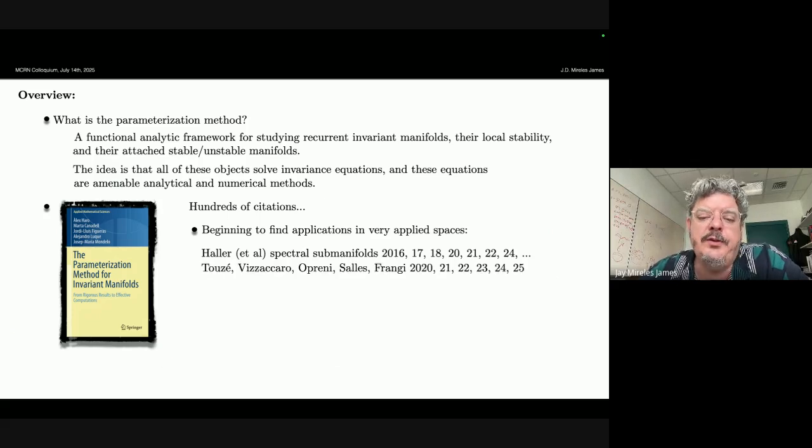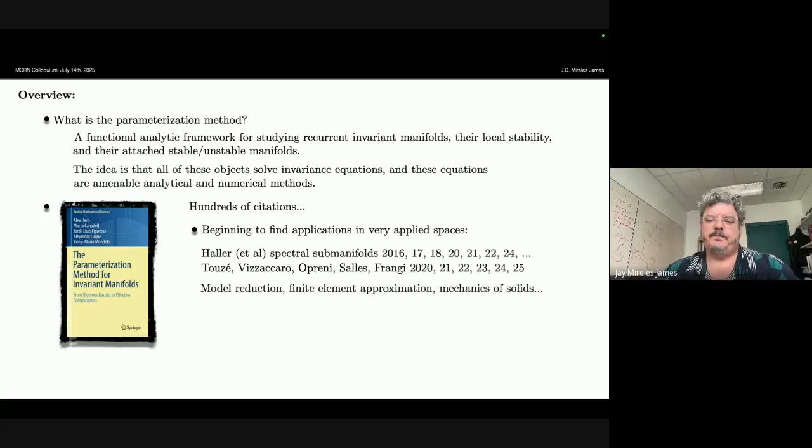And there's another group of French and Italian engineers, really mathematical engineers, doing similar work in material science, where you see a lot of these parameterization method ideas used in extremely sophisticated finite element type analysis in nonlinear mechanics of solids.